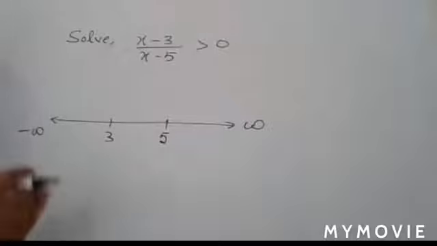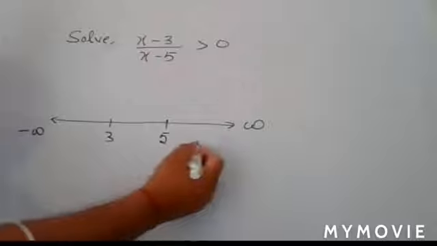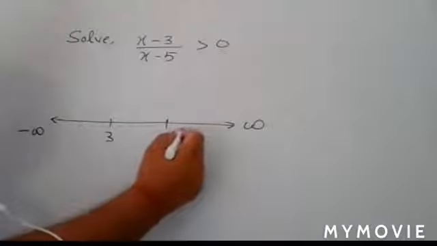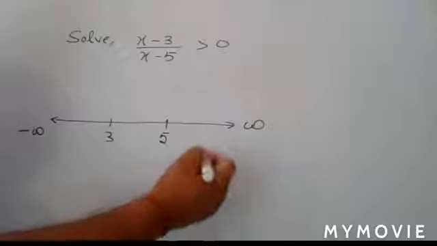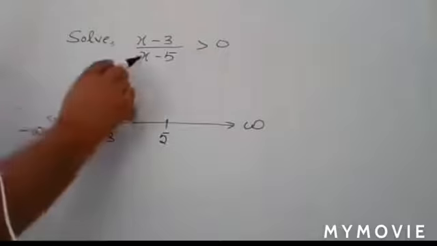Now check the sign of the given fraction. How do you check it? For the region 5 to infinity, every point lying on this line is greater than 5. So take any value of x greater than 5, suppose x equal to 6, and put it there.